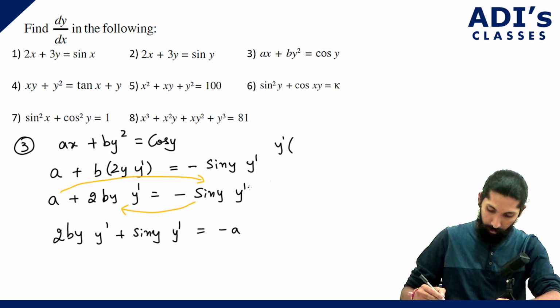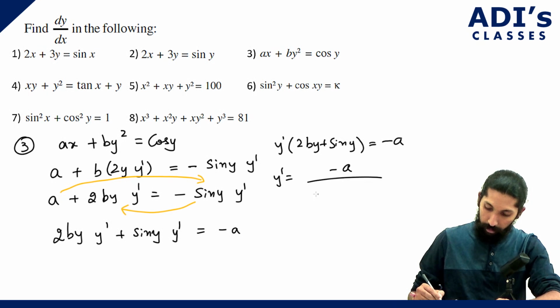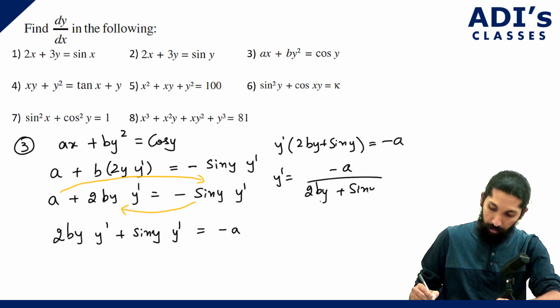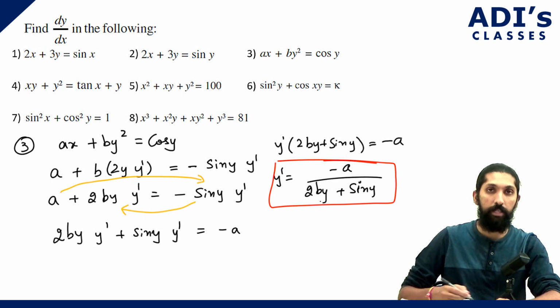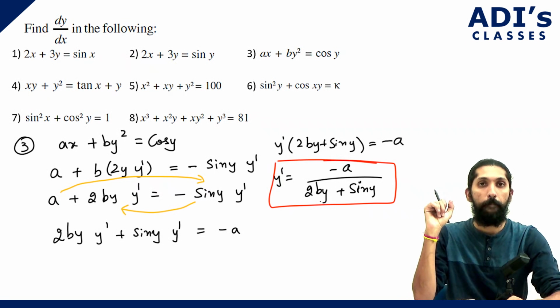Y dash into (2by plus sin y) is equal to minus a. Right? So y dash is minus a divided by (2by plus sin y). So we have isolated y dash, and this is going to be its value.